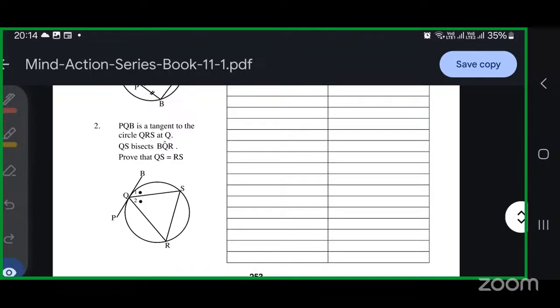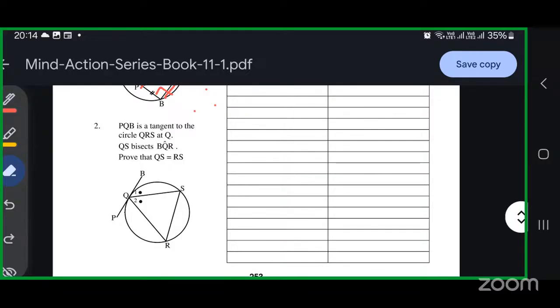Using the tan-chord theorem. Okay, how maybe? Tan-chord theorem. How? Which angle is equal to which?